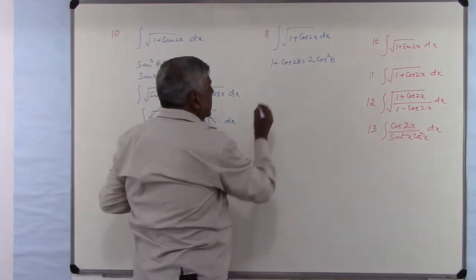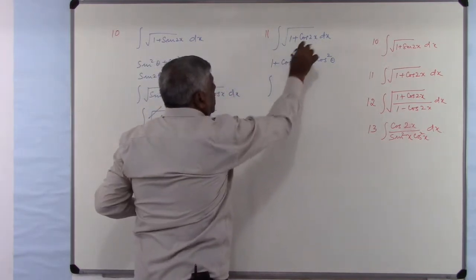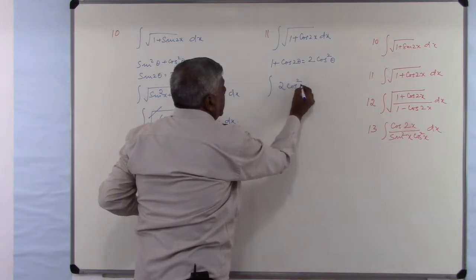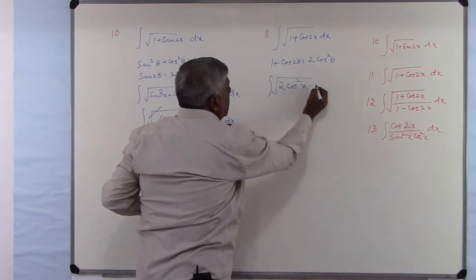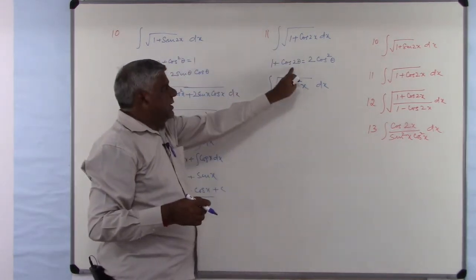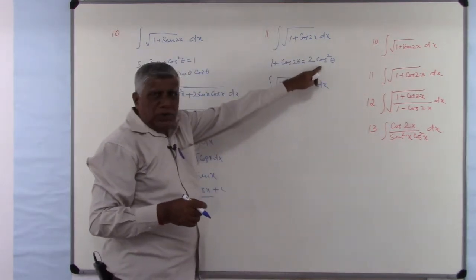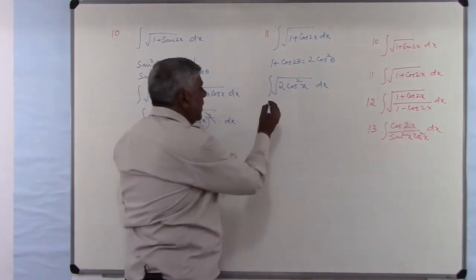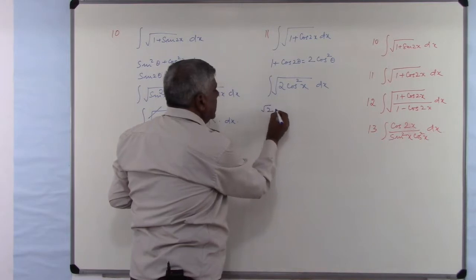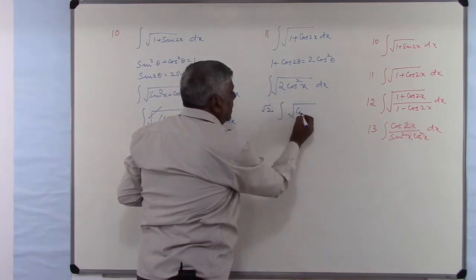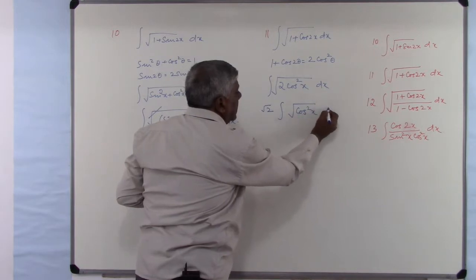Now I will write like this. Integral, what is 1 plus cos 2x? Is it not equal to under root 2 cos square x dx? Now I will take root 2 common: integral under root cos square x dx.